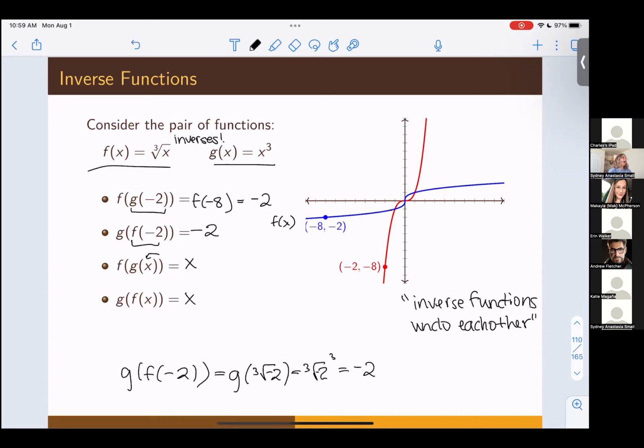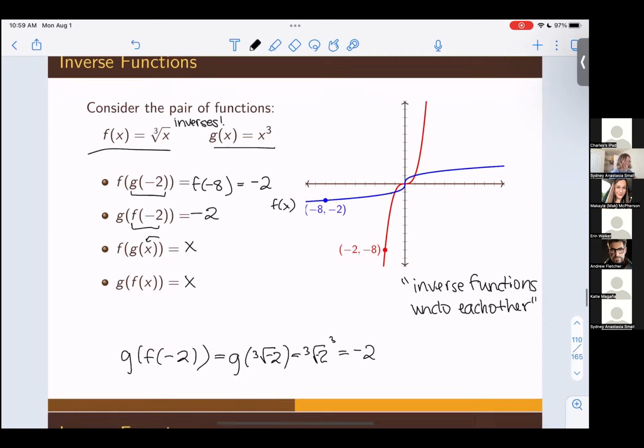No matter what x value we put in, we could use 2,427,000,000. It would give us 2,427,000,000 back. Throughout the entire domain of both of these functions, they are inverses of each other. It works out really nicely.